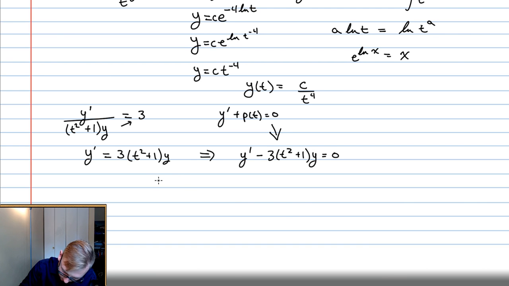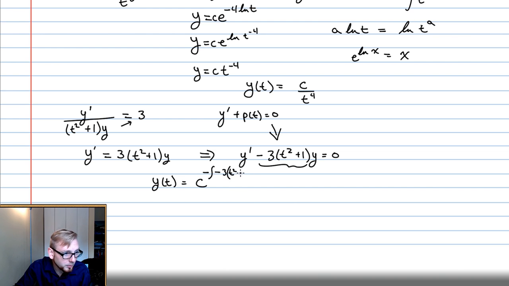So then our general solution, y of t, is going to be some constant times e to the negative integral of this. Well, there's a negative sign in there, so we're going to keep it in. Negative 3 t squared. Maybe I should write it a little bigger for you.